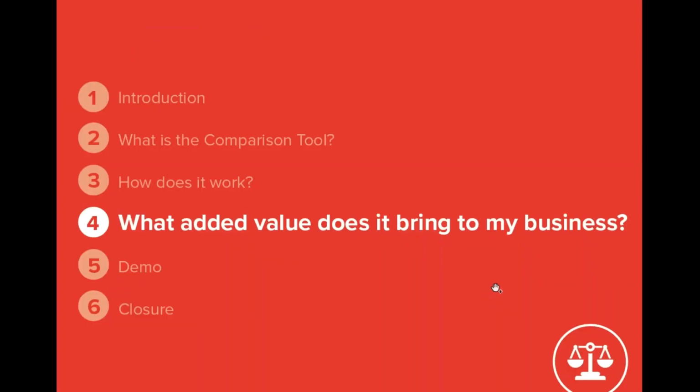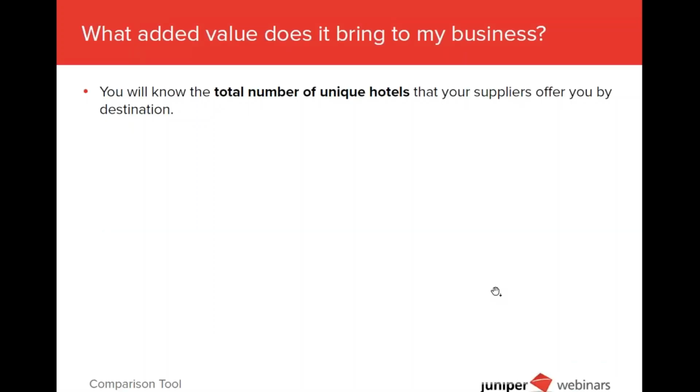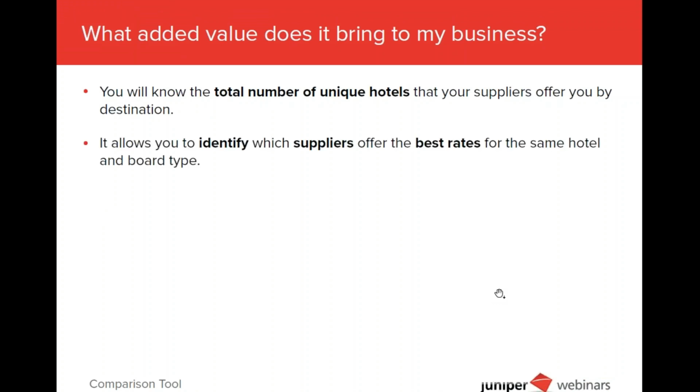So what added value does it bring to your business? You will know the total number of unique hotels that your suppliers offer you by destination. It allows you to identify which suppliers offer the best rates for the same hotel and board type.